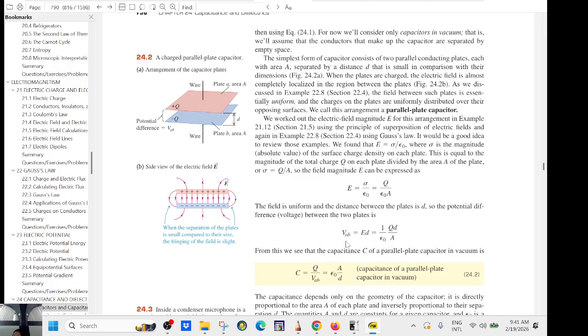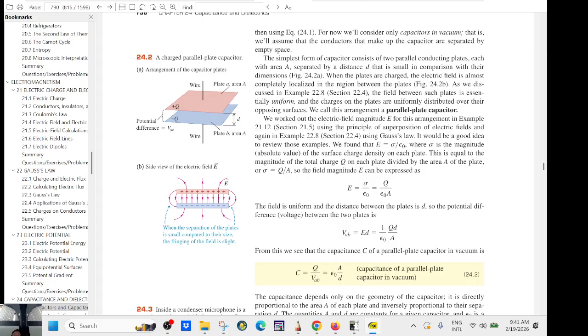So once you have the voltage, then you use this equation. Capacitance is Q, so the charge that is stored, over the voltage. Okay, so you divide by Q, and that's what you get.